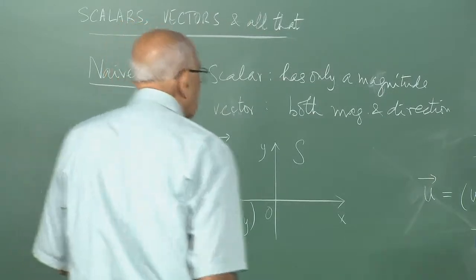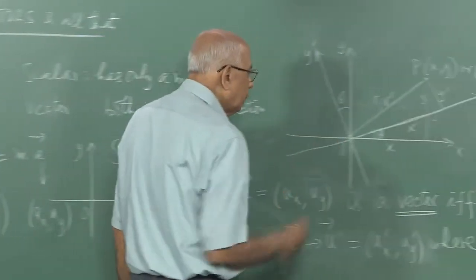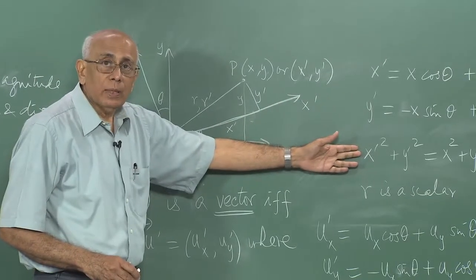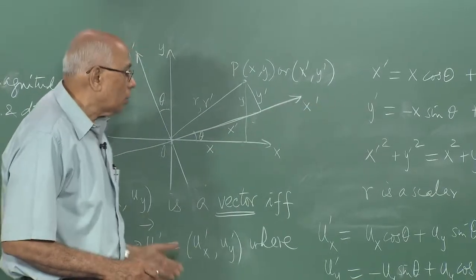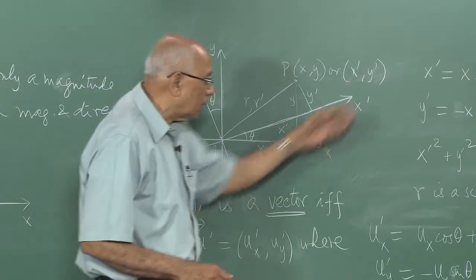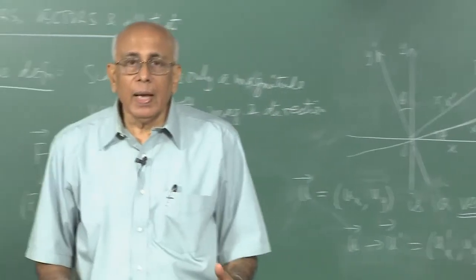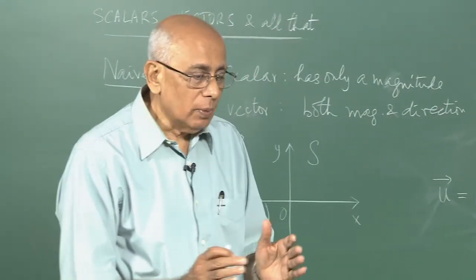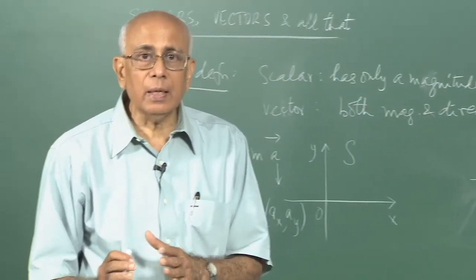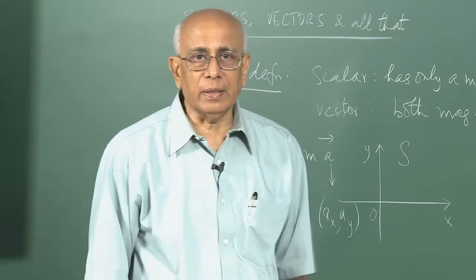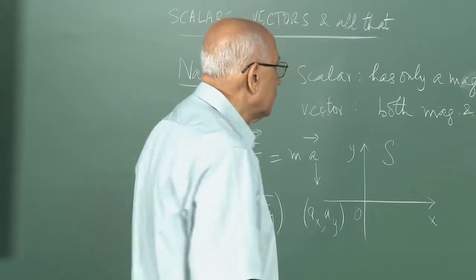If you have a third dimension, a third axis coming out of the paper, there would be a z component as well, a z prime coordinate, and it should transform in exactly the same way the x y z transforms to x prime y prime z prime. Any set of three quantities which transform in the same way as the three Cartesian components of the position vector would then be called a vector in three dimensions.